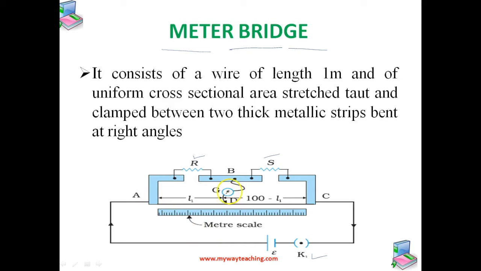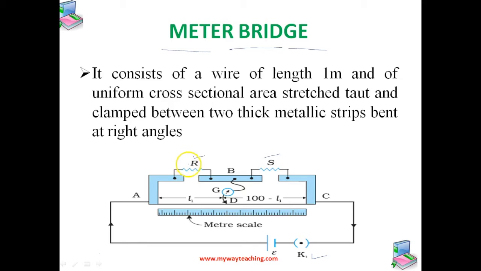Here you can see this galvanometer, and the other end of the galvanometer is connected to a jockey. The jockey is essentially a metallic rod whose one end has a knife edge which can slide over the wire to make an electrical connection.